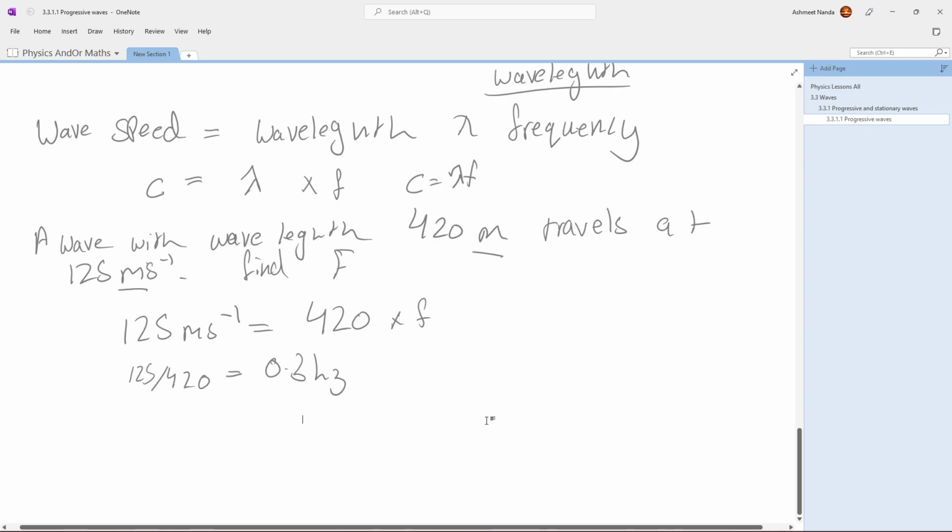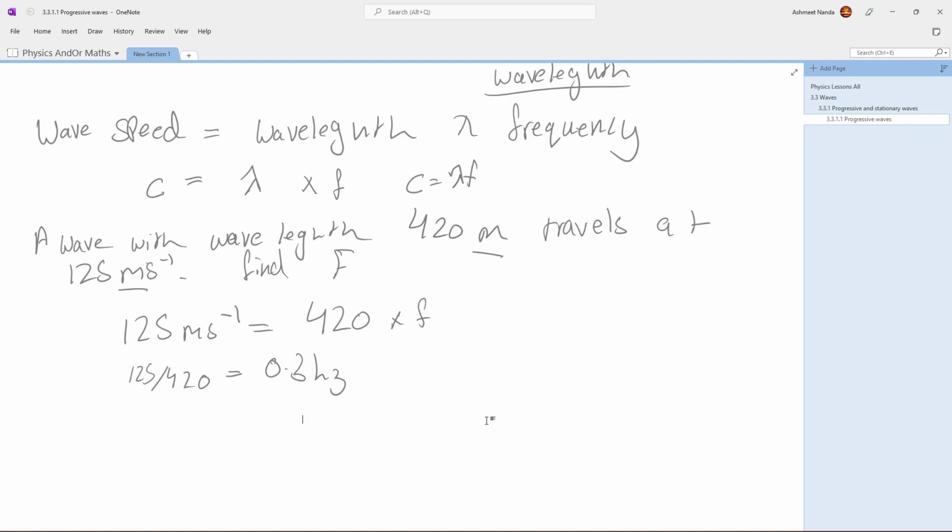So some simple questions. Does a wave carry matter or energy? It carries energy. The relationship between frequency of a wave and its time period is that frequency is equal to 1 over time period, because that's how many pass a point per second. The unit of frequency is hertz, time period is in seconds, displacement is in meters, and amplitude is also in meters, which is the maximum magnitude of displacement, so the maximum distance away from undisturbed.